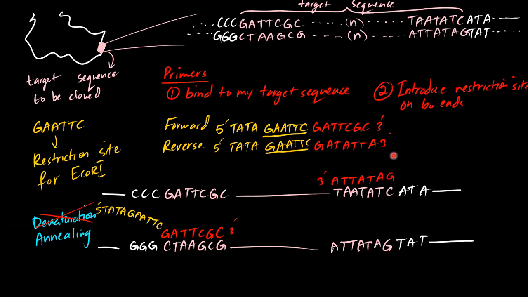Okay, so if we flip this one, and then we have the nucleotides in the yellow color, they will not bind, so they will have C, T, T, C, T, T, A, A, G, A, T, A, T. So it's 5'.